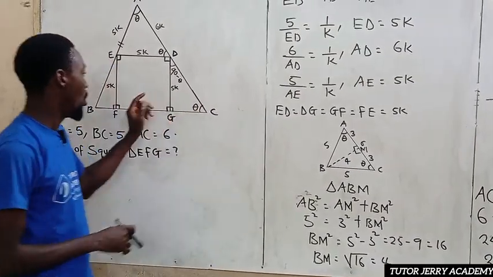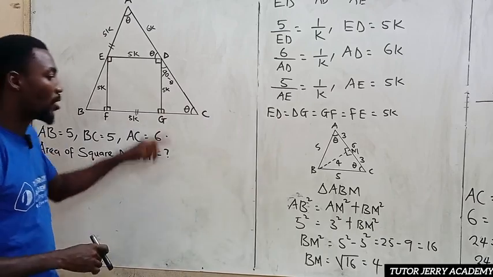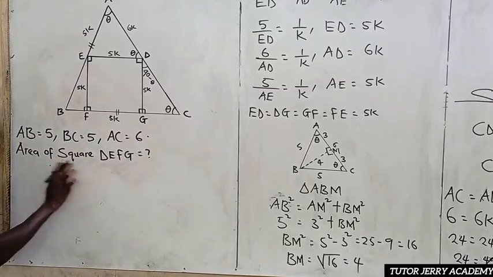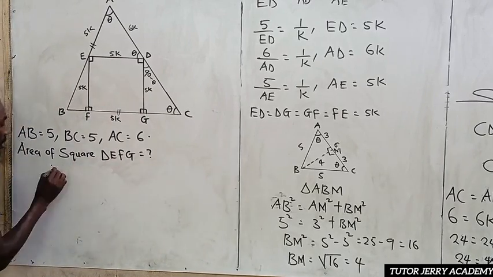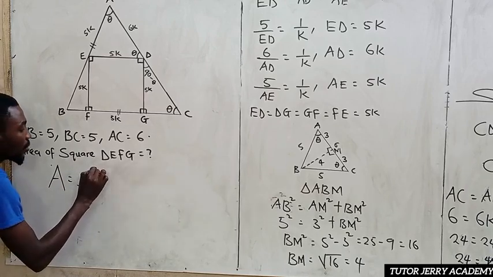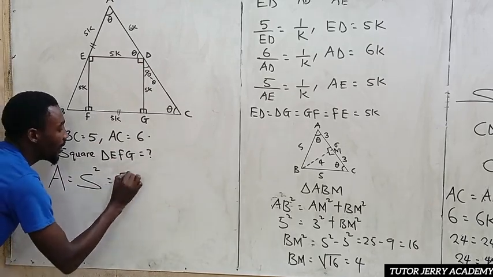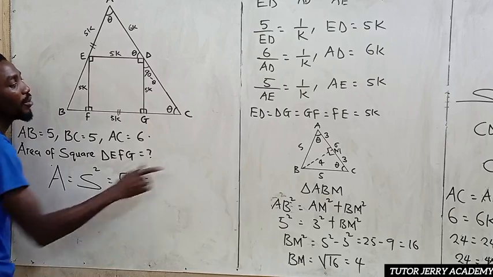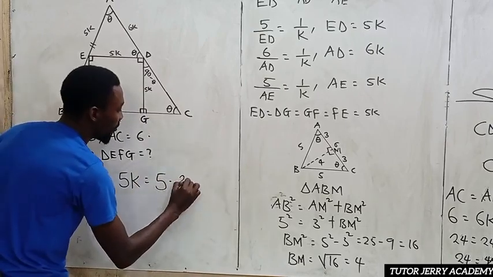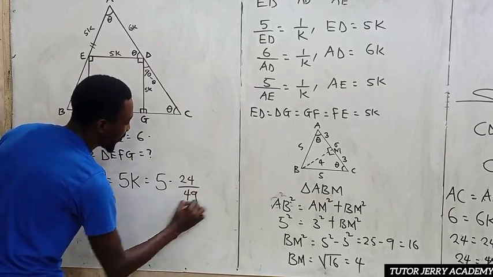we can therefore find the area of the square, because we know that the area of the square DEFG, denoted by A, is going to be equal to the side squared, and one of the sides of this square is 5K. We know the value of K now, so it's going to be 5 multiplied by 24 all over 49.